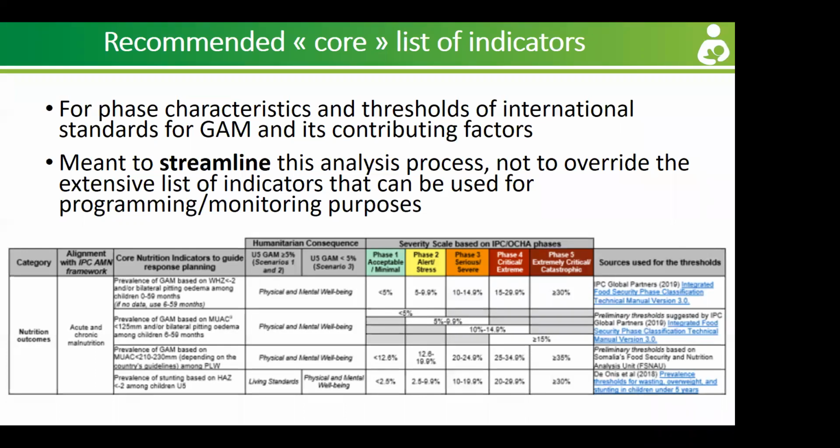As we can see here, it's a little bit blurry, I apologize, but we have a category that's provided, and then how it aligns with the primary framework that we're basing our analysis on, which is the IPC Acute Malnutrition Framework, the details of the core indicators to guide response planning, and then the humanitarian consequence that it refers to.